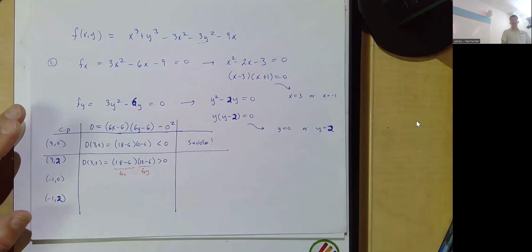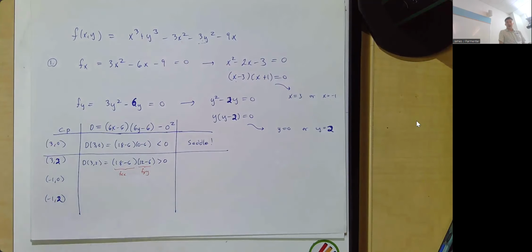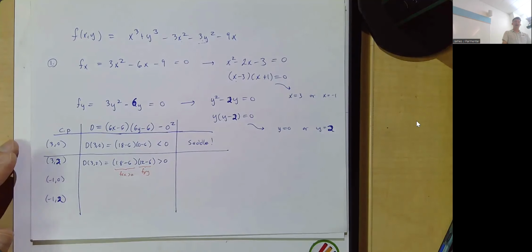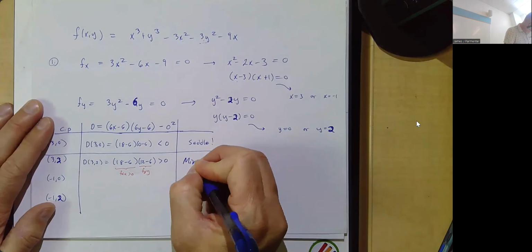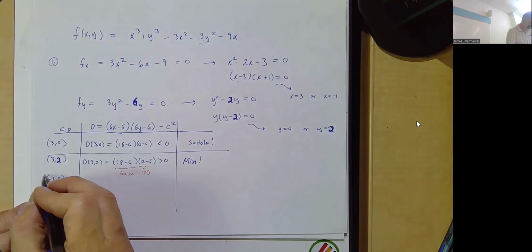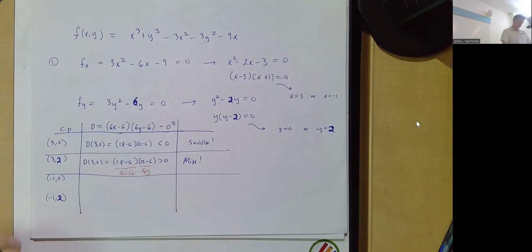Whichever one I look at, I see that those are each positive on their own, which means I have a max or a min. A minimum, because it's opening upwards. Concave up.